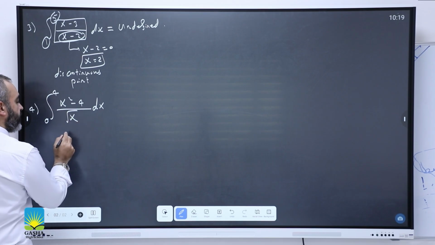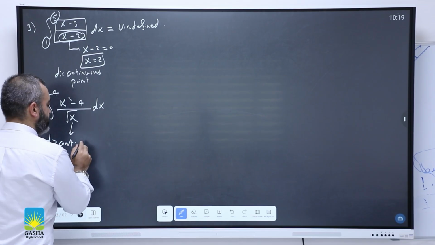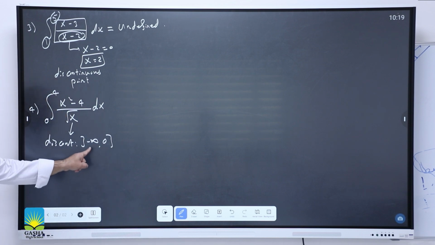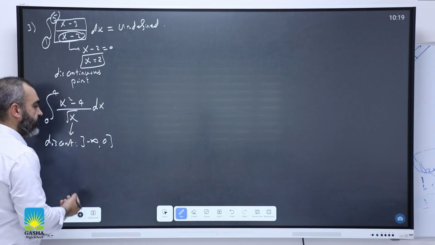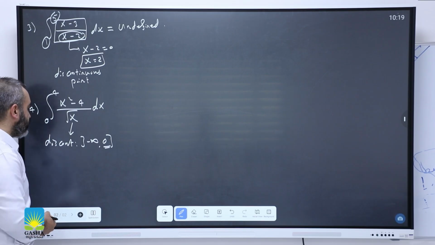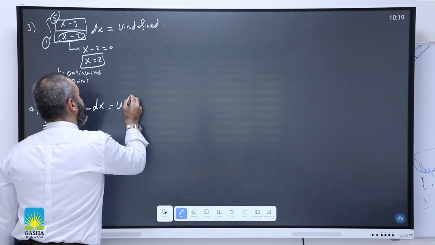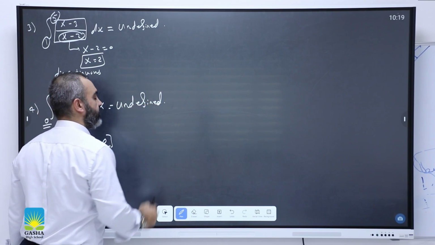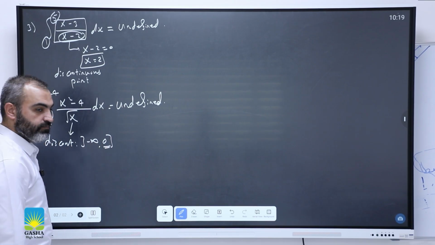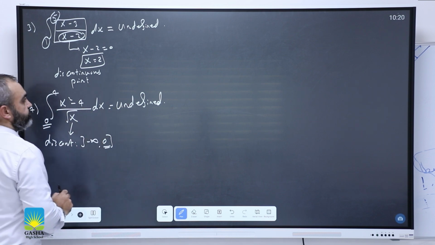The discontinuous interval from chapter 2 is negative infinity to 0, right? 0 is included, and 0 is in the interval of integration, so the integral is also undefined, right?